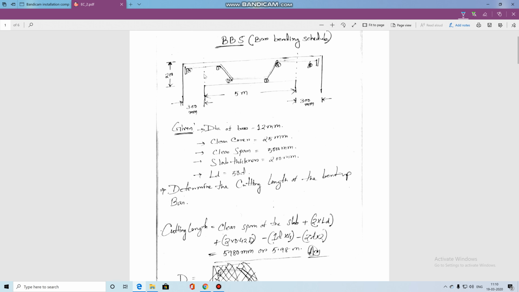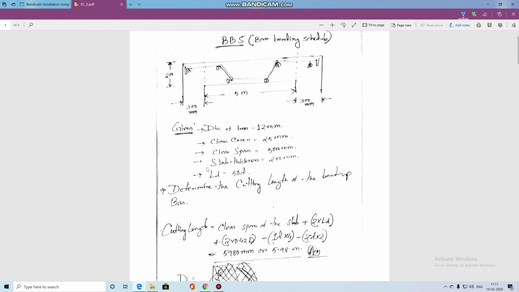The 5 meter distance is called the clear span, and this is the width of the support. These two are the supports, and this kind of bar is called a bent up bar. I need to calculate the length, or the cutting length, of this bent up bar, and this 200 dimension, in millimeter, shows the depth of the beam.